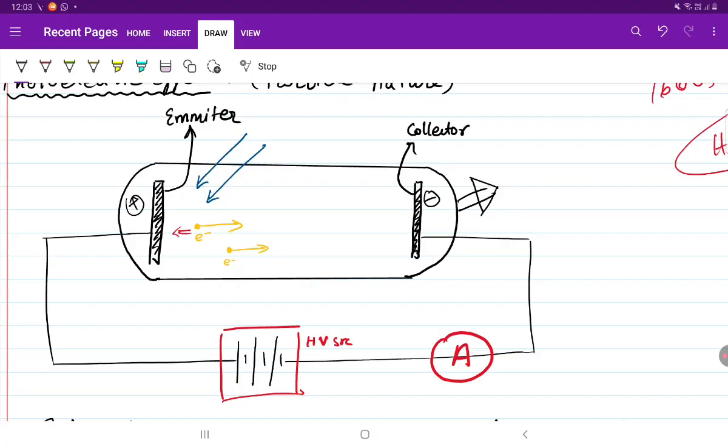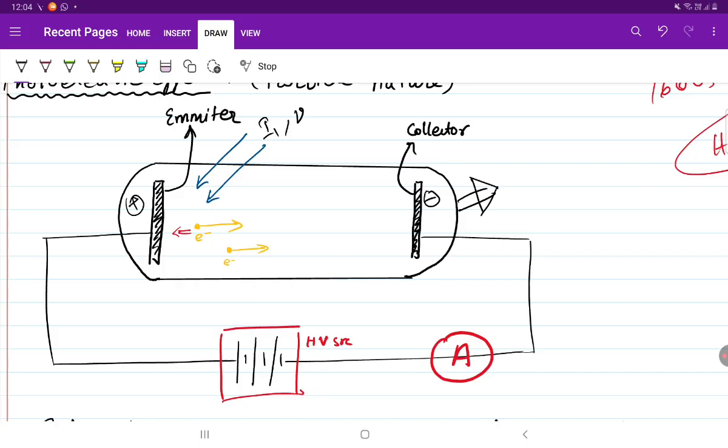Coming back to the apparatus, suppose I take I1 as the intensity and frequency as nu. Suppose the ammeter reading is not zero. If you decrease the intensity to a very low value while keeping the frequency constant, the ammeter may decrease its value, but it will not turn zero. So we can say the electron will be emitted easily.